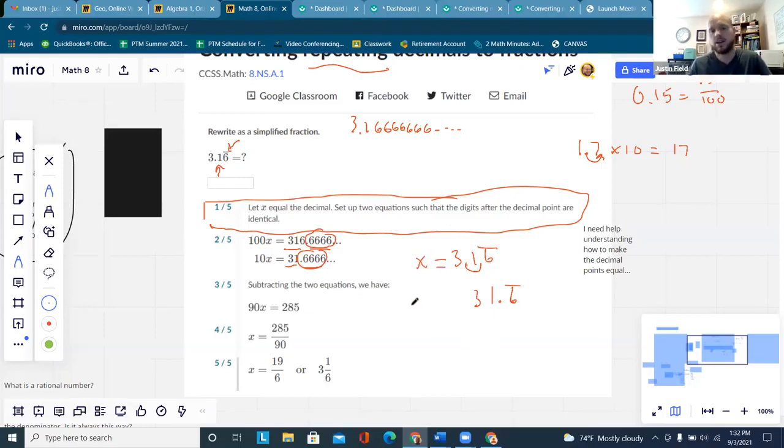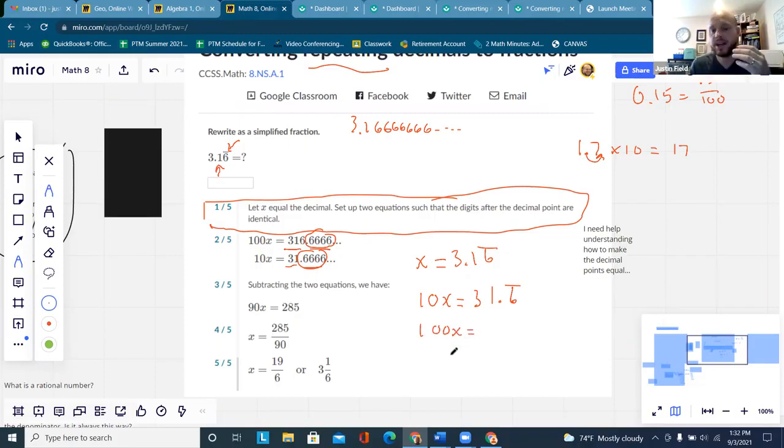This is our number, so we're going to call that x. If that's x, then 31.6 with the decimal moved 1 to the right would be 10x. And now if I make 100x, how many times would I move the decimal point?